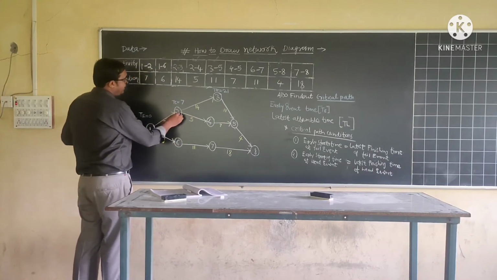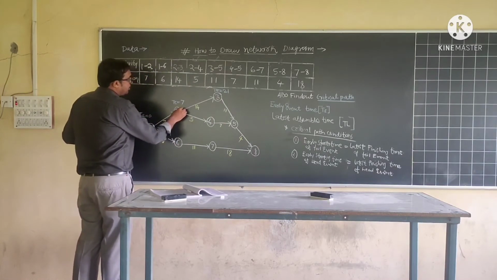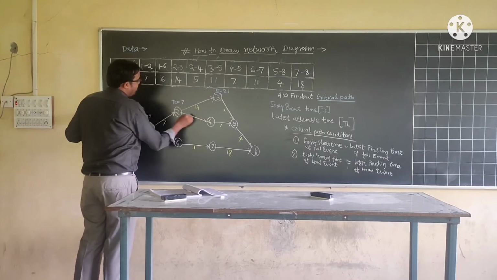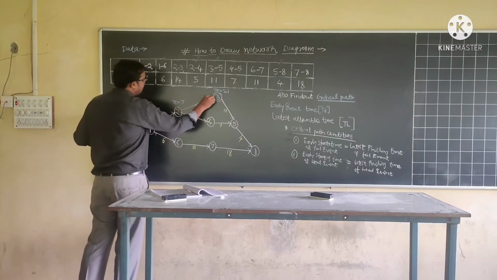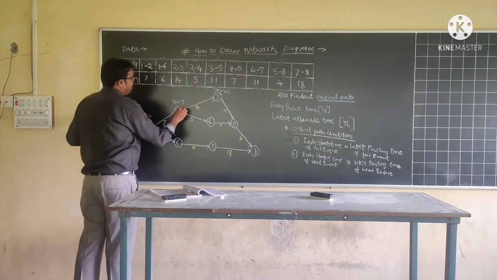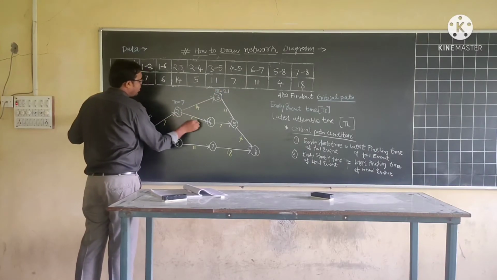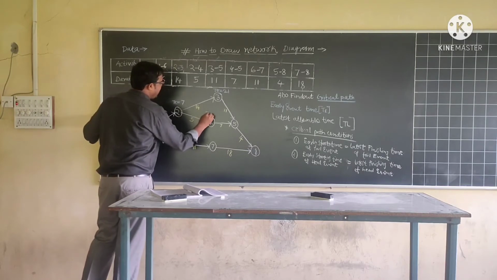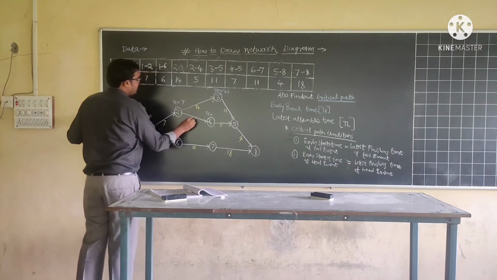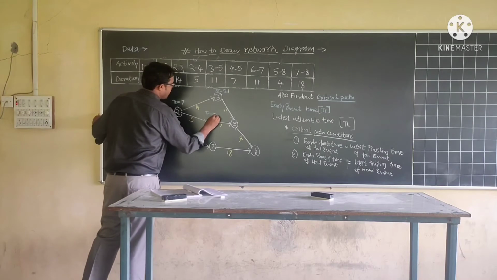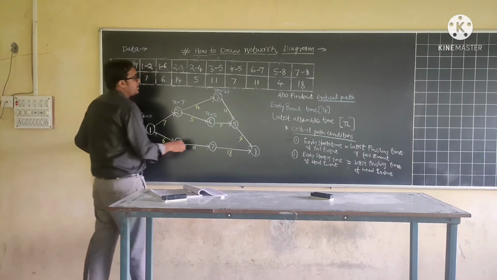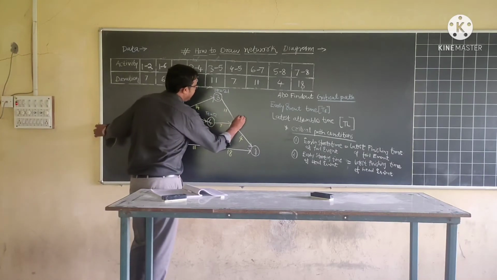Now two activities are diverging from event number 2: activity 2 to 3 and activity 2 to 4. For activity 2 to 3, TE is 21, and for activity 2 to 4, TE will be equal to 7 plus 5, 12.